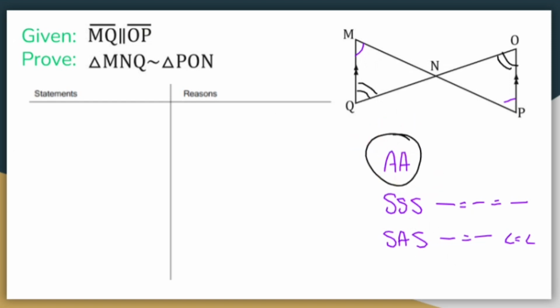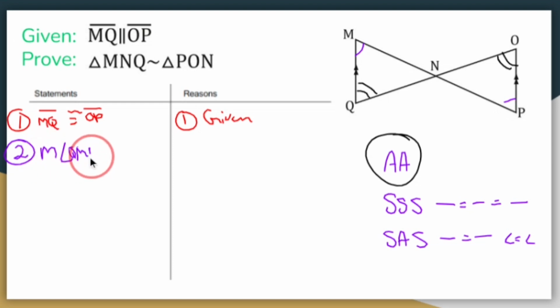So what I'm going to do is state my given. I'm going to say that these 2 angles are congruent by definition of alternate interior angles, and then my last step, step 3, I could say that they're similar using AA. So number 1 is the given. Side MQ is parallel to side OP, and that's my given. 2, I could say that the measure of angle QMP is equal to the measure of angle OPM.